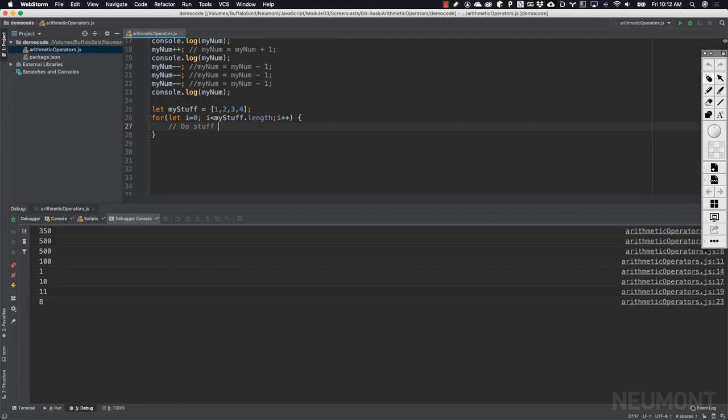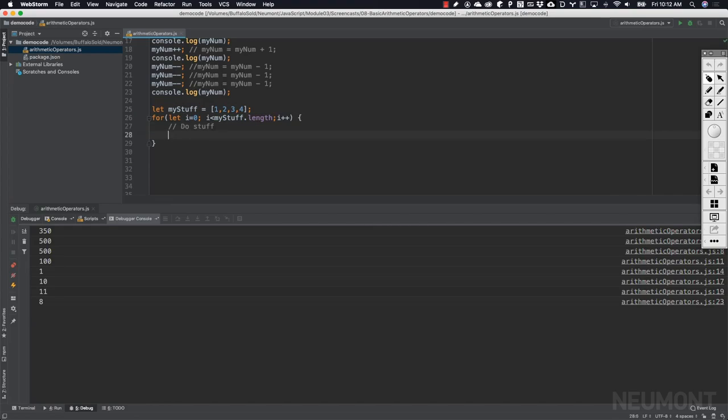So here you can see we are using the increment operator to increment an initial counter by 1 in order to loop through something. In this case, we're looping through an array.